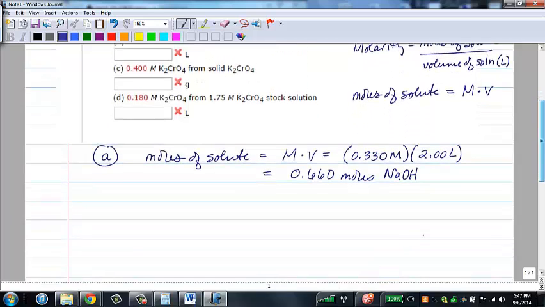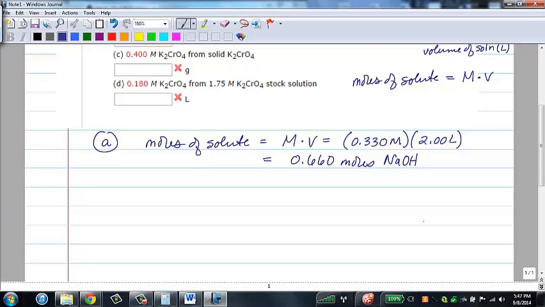They want to know the mass of the starting material. So we have to change the moles of NaOH into grams. One sodium atom has a mass of 22.99. One oxygen atom has a mass of 16. One hydrogen atom has a mass of 1.01. So when we add all that up, we get 40.00.